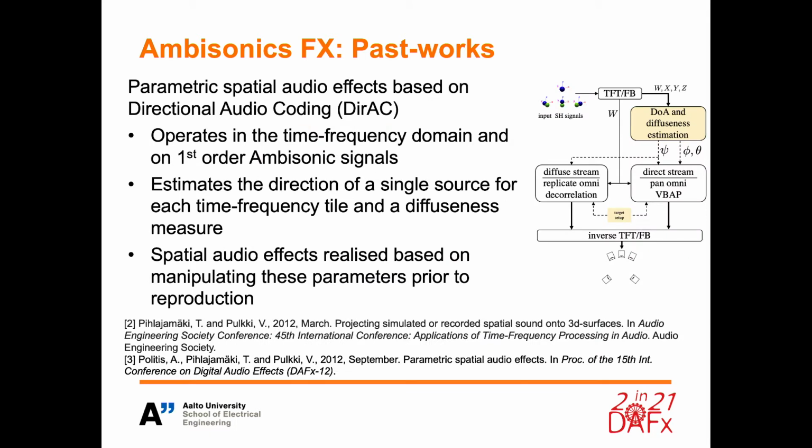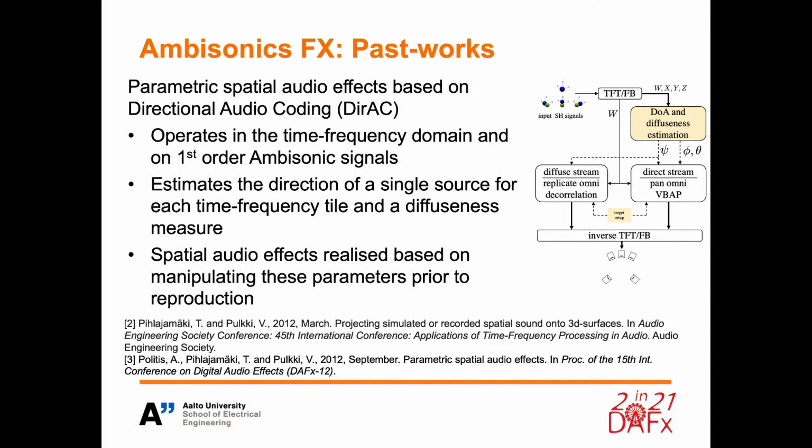Moving away from purely linear operations, there have been some spatial audio effects based on directional audio coding, which is a method that operates in the time-frequency domain, with past spatial audio effects being based on the original first-order formulation. The idea is that for every time-frequency tile, we extract a directional arrival estimate and a diffuseness measure.